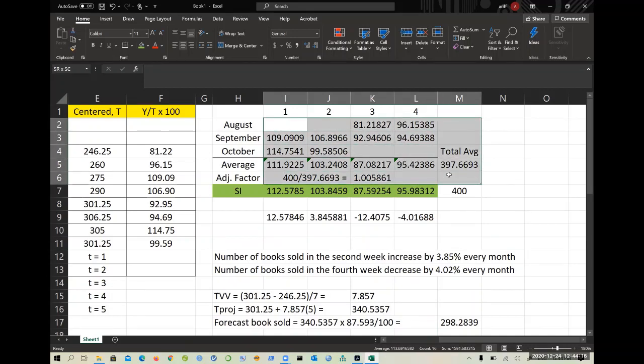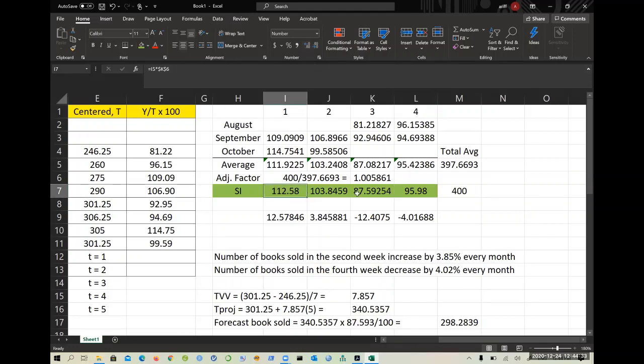Okay, let me just put it to 3 decimal places.